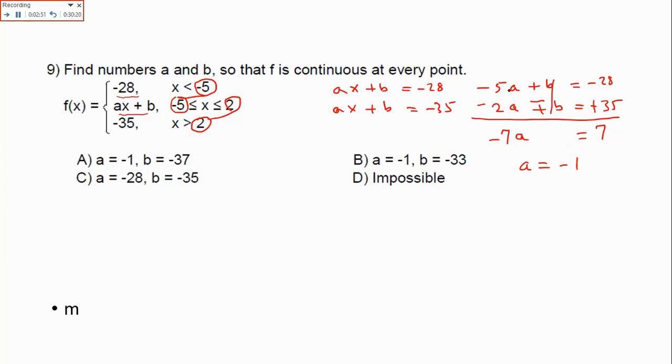Now I can go ahead and plug in a equals minus 1 in the top or in the bottom, and that will give us b. So let's plug it in the top. Minus 5, and then the value of a is minus 1, plus b equals minus 28.